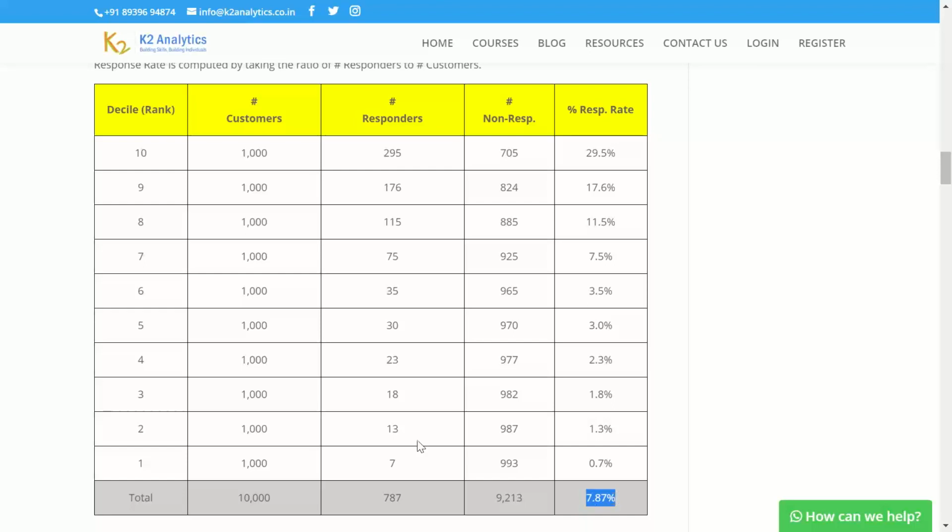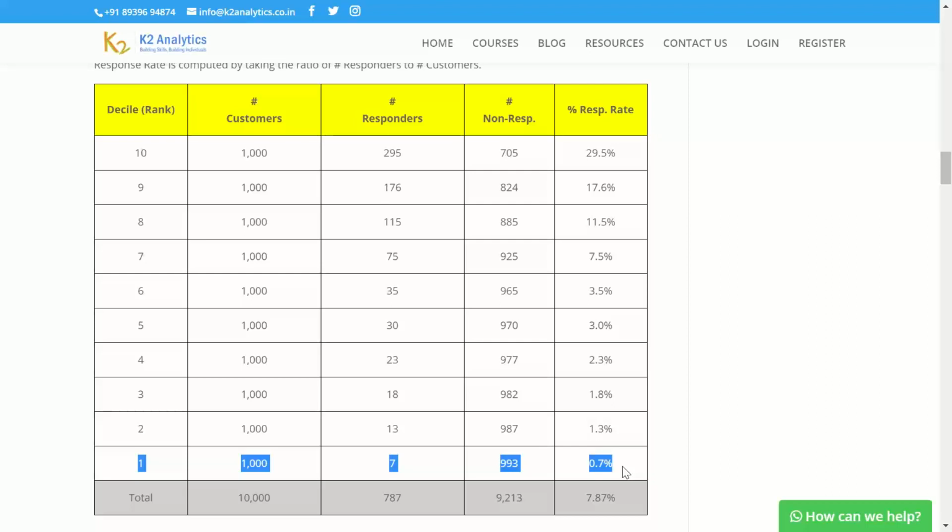Now the deciles, what they are suggesting is, if you target customers in decile 10, you will get a response rate of 29.5%. Whereas if you target customers in decile 1, you will get a response of only 0.7%. So what the model has done, based on your campaign, we applied a machine learning algorithm which gave us a model.